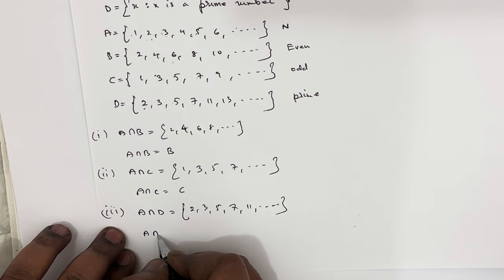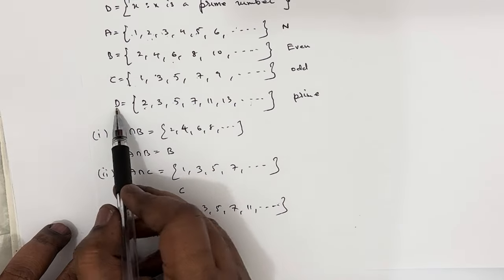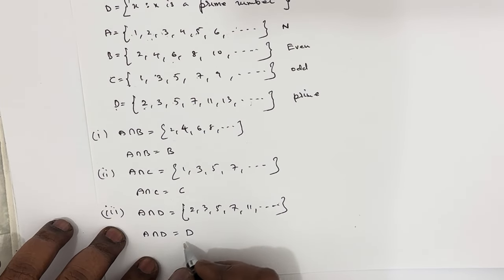So you can simply write a intersection d is equal to all the prime numbers, that is d.